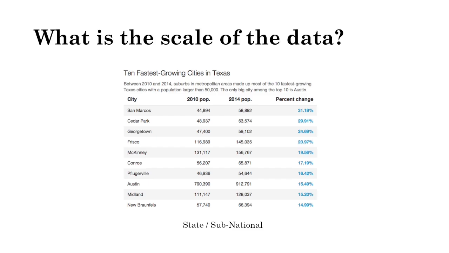But if you have a map or in this case a chart or a table with the states, state data, like in the United States or Australia or another country with states, Nigeria is another one, Mexico is another one, you could say state scale, or you could say sub-national. Sub means beneath, so beneath national means it's not as big as a country, it's smaller.